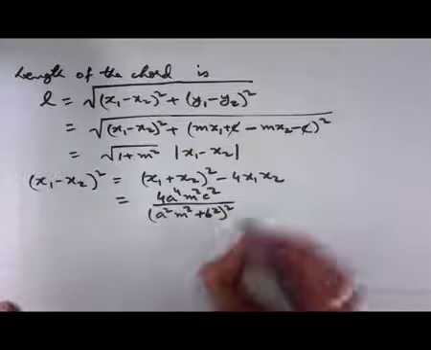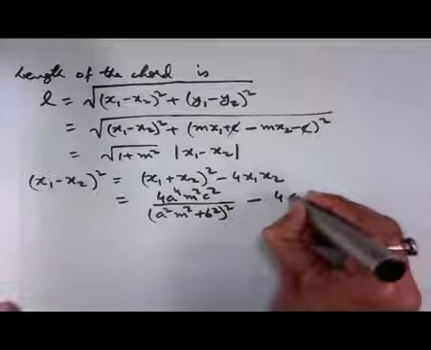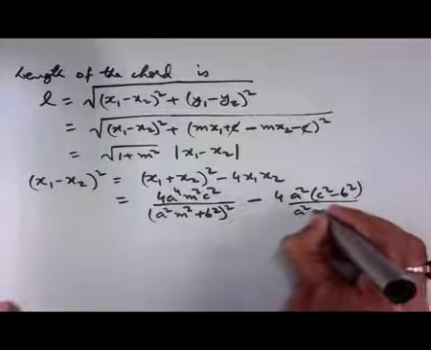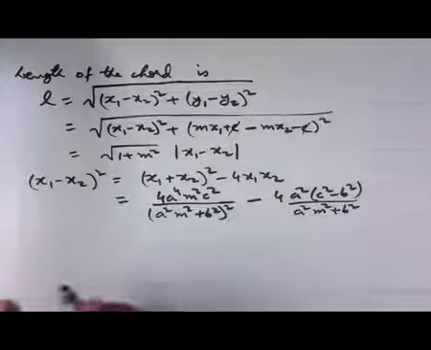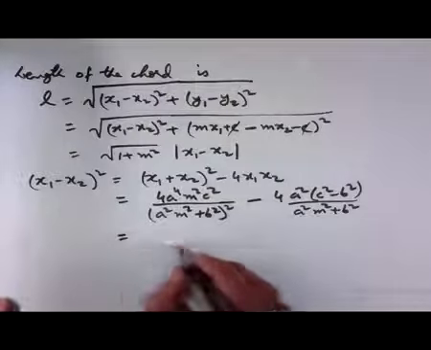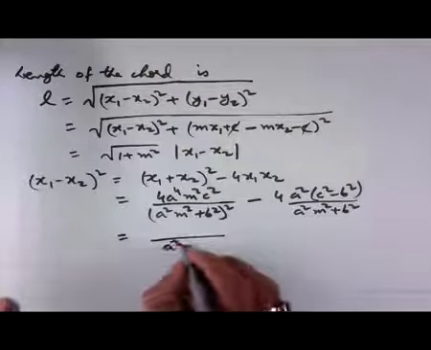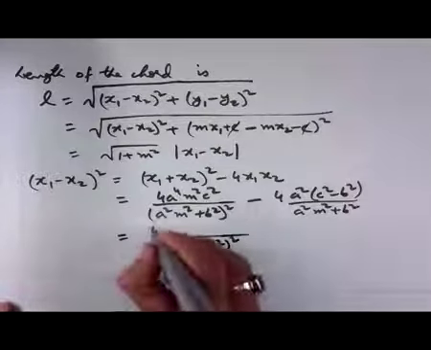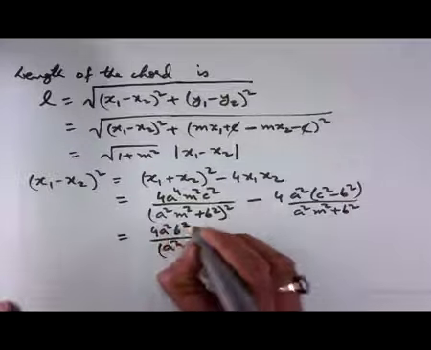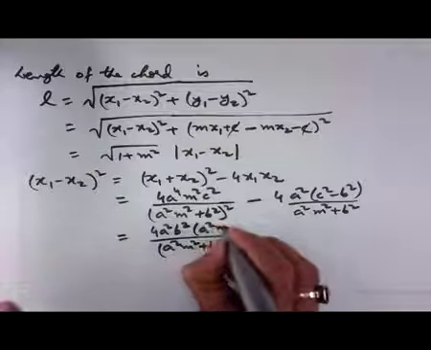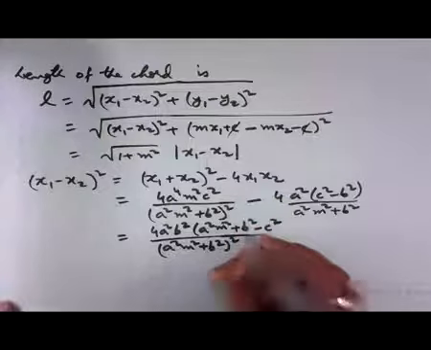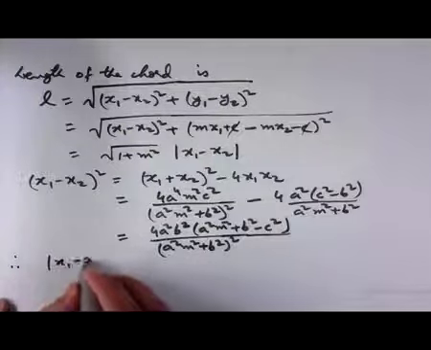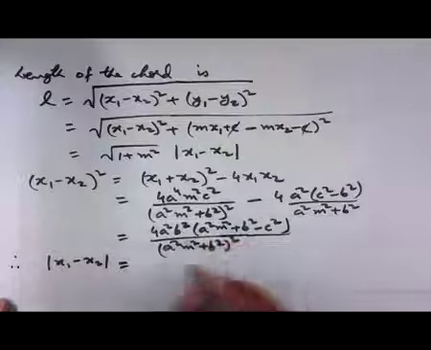This is (x1 plus x2) squared minus 4 times x1 x2, which is (a square c square minus b square) divided by (a square m square plus b square), and on simplification we have (a square m square plus b square) squared in the denominator and the numerator becomes 4 a square b square times (a square m square plus b square minus c square), and therefore, mod x1 minus x2 is the positive square root of this.